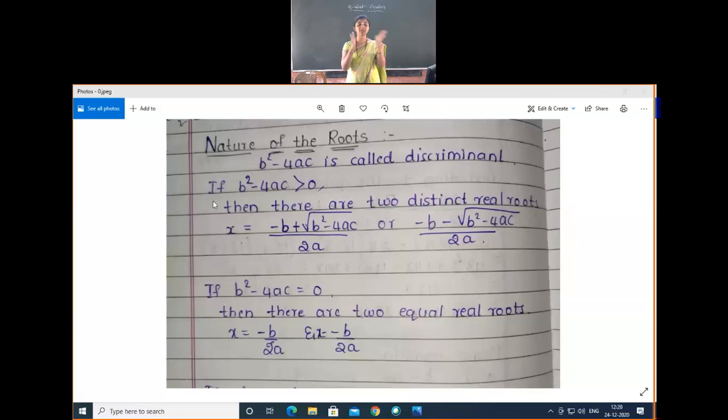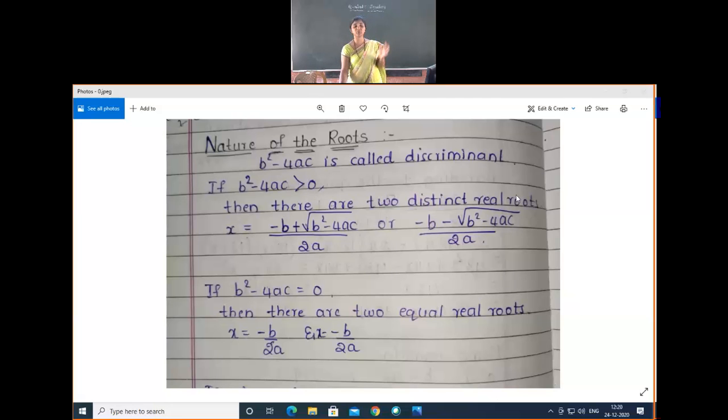There are three cases in the nature of roots. First, if b square minus 4ac is greater than 0, in the sense inside the root sign you will get a positive number, then there are two distinct and real roots.